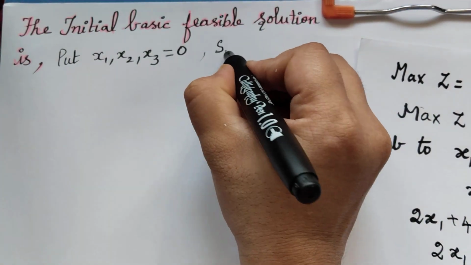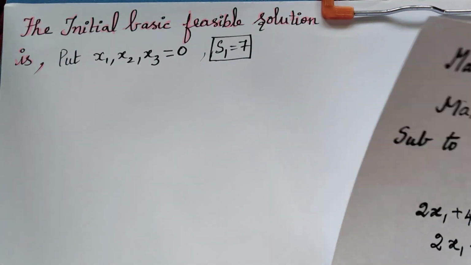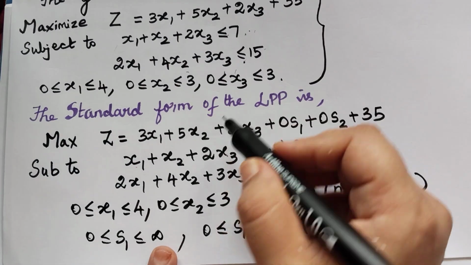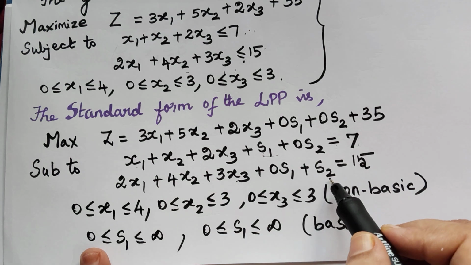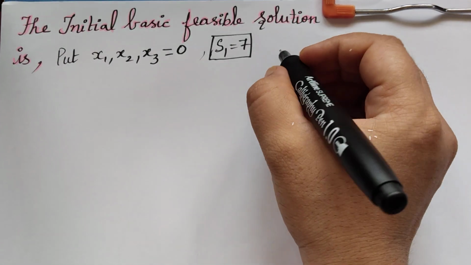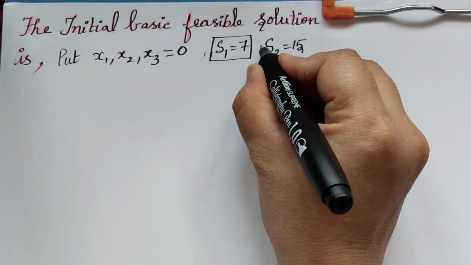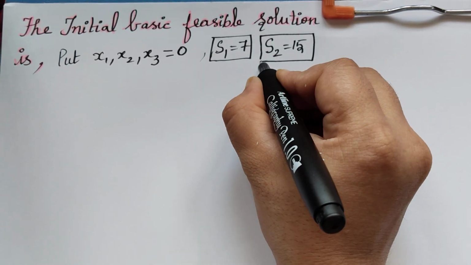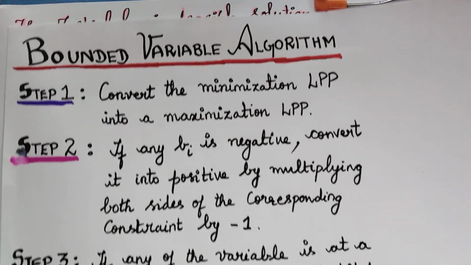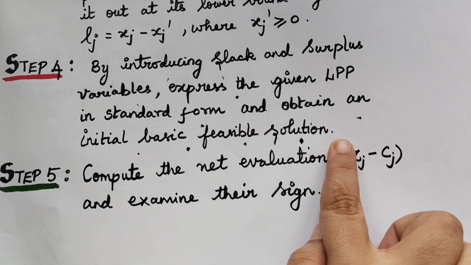In the second constraint, putting x1, x2, x3 as 0, we get s2 equal to 15. So this gives us the initial basic feasible solution. Until here, step 4 is completed.